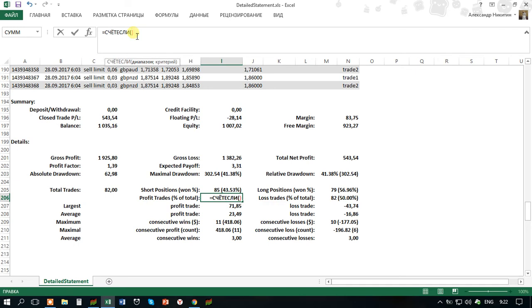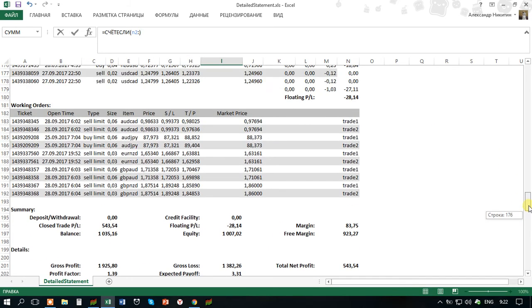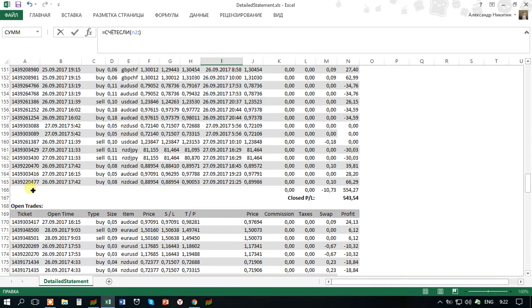Range is from N2 towards, let me see what is the range. Hey, come on. How can I see the range? The last line is 165.